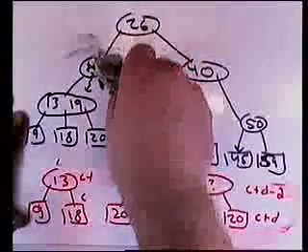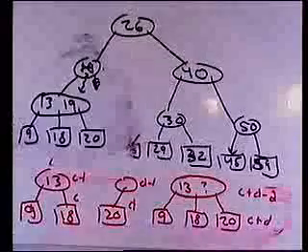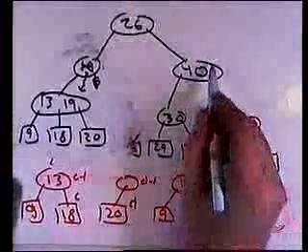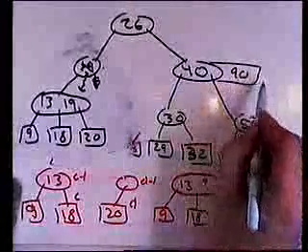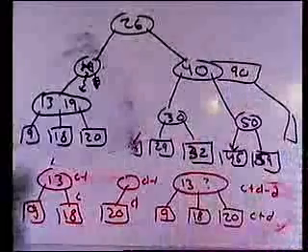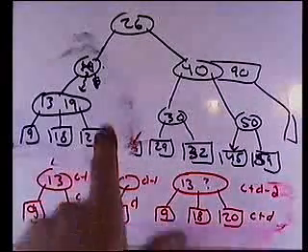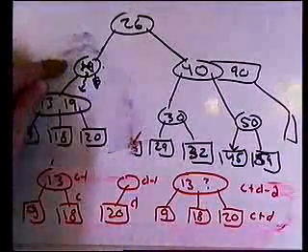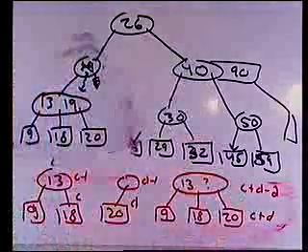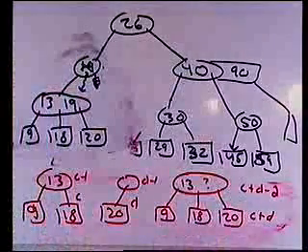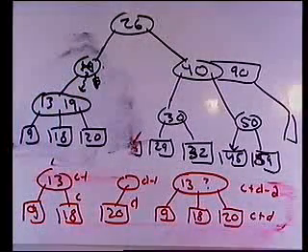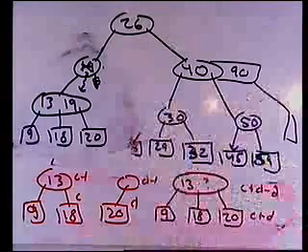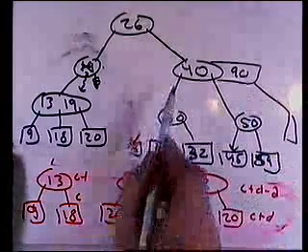A second possibility would be, what if its immediate sibling had enough children? Namely, what if we had here, say, 90 and then some subtree here? The immediate sibling of this node is this one. And so it would be possible then, if we had 3 children on this node, to say, I'm going to steal one from my immediate sibling.